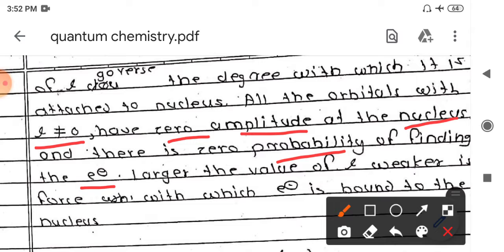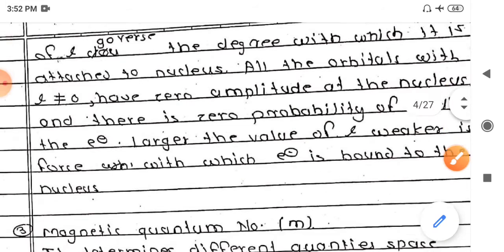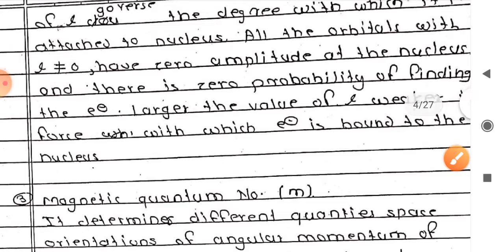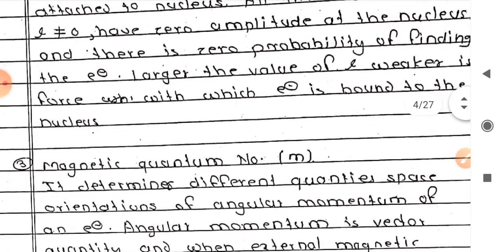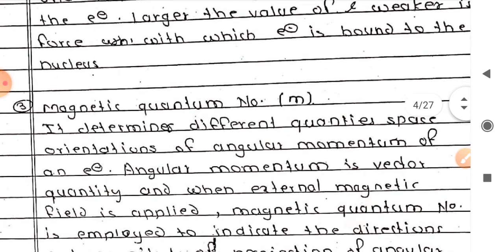The larger the value of l, the weaker is the interaction between the electron and the nucleus. When the electron is present in the s orbital, it is quite strongly bound to the nucleus, and when the electron is present in other orbitals like p, d or f, it is less bound, because there is less attractive force compared with the s orbitals.